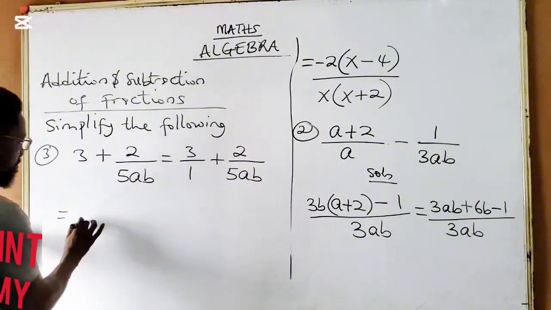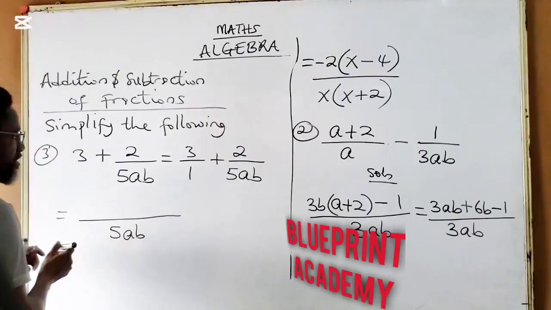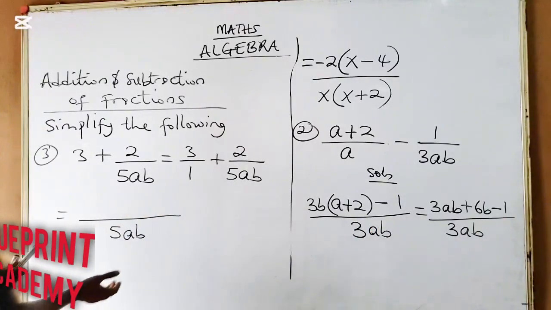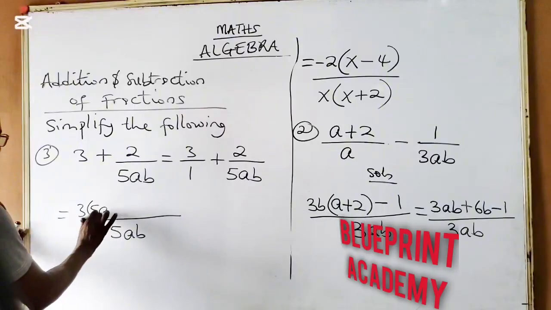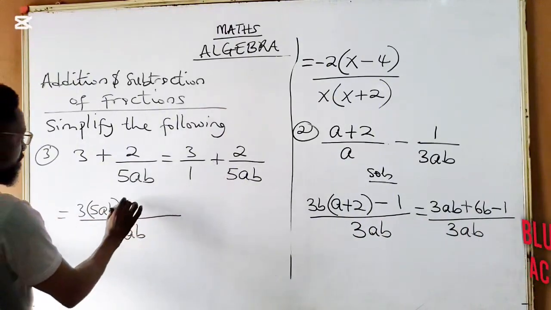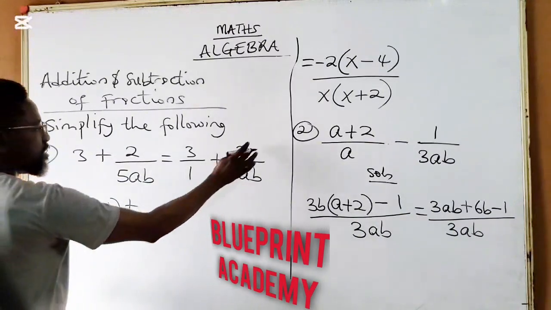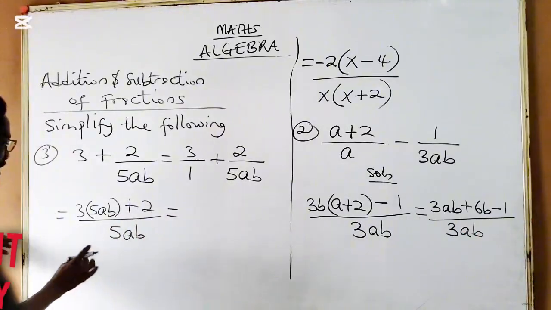So the LCM is 5ab. 5ab divided by 1 is 5ab, then 5ab times 3. Then plus 5ab divided by 5ab will give us 1, then 1 times 2 will give us 2. So now we open a bracket.